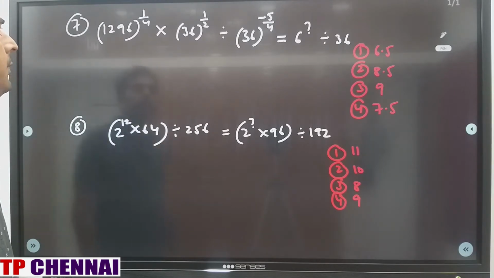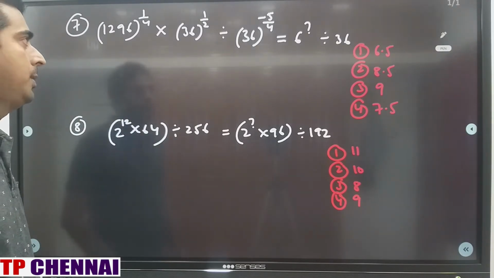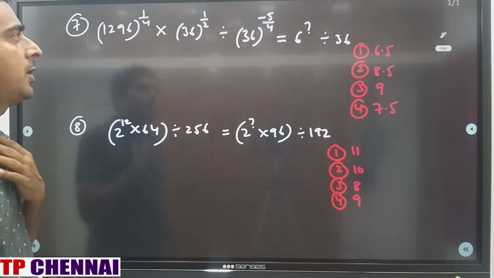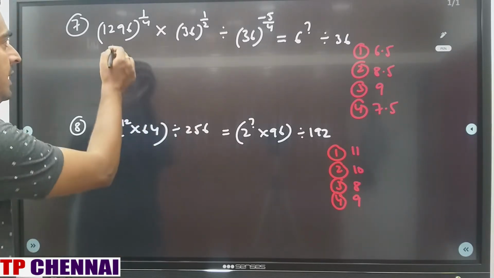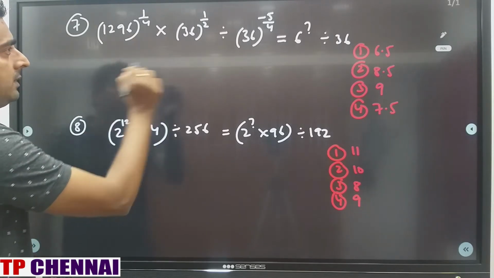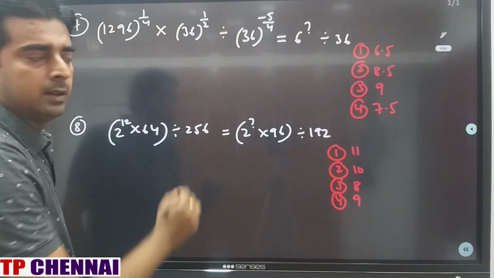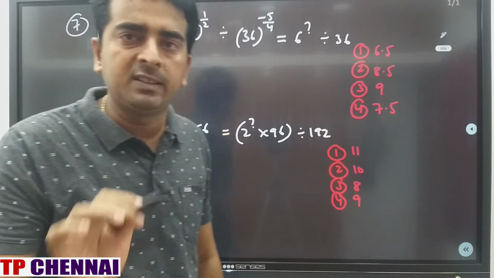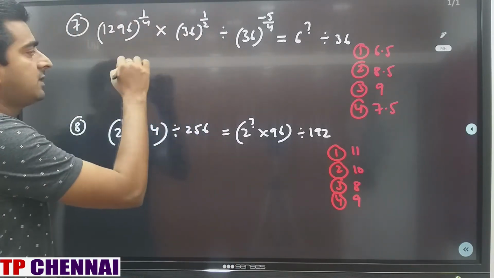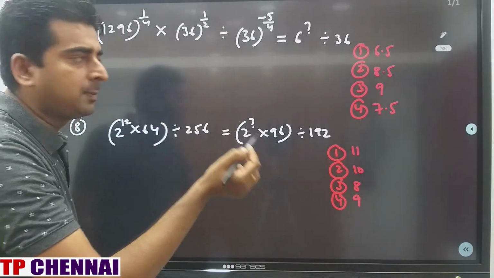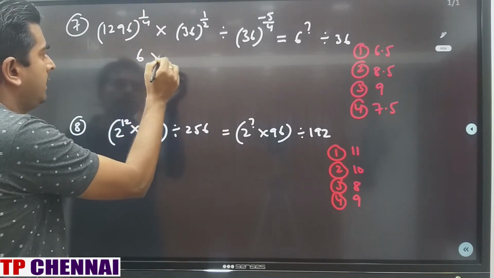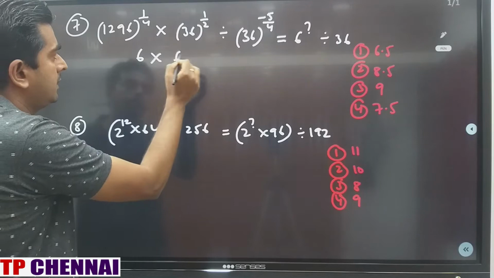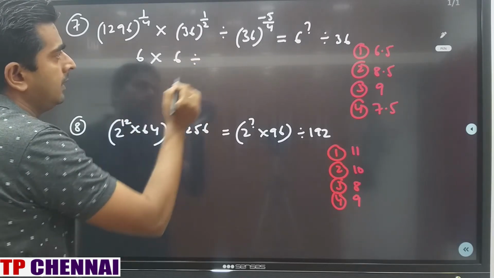1296 whole power 1 by 4 into 36 whole power half divided by 36 whole power minus 5 by 4 is equal to 6 power question mark divided by 36. This is 36 square, but power is there, and this is 6 power question mark. So convert everything in terms of 6 power. So 36 square is nothing but 6 power 4. 6 power 4 into power 1 by 4. So this will be 6 into 6 square. So this will be 6 divided by 6 square.